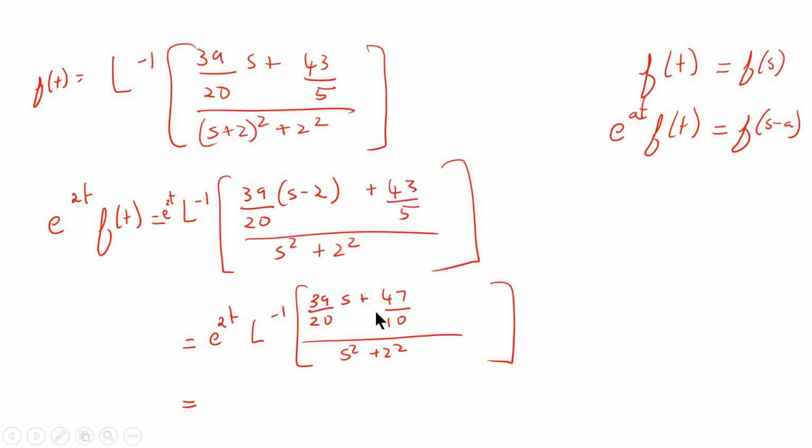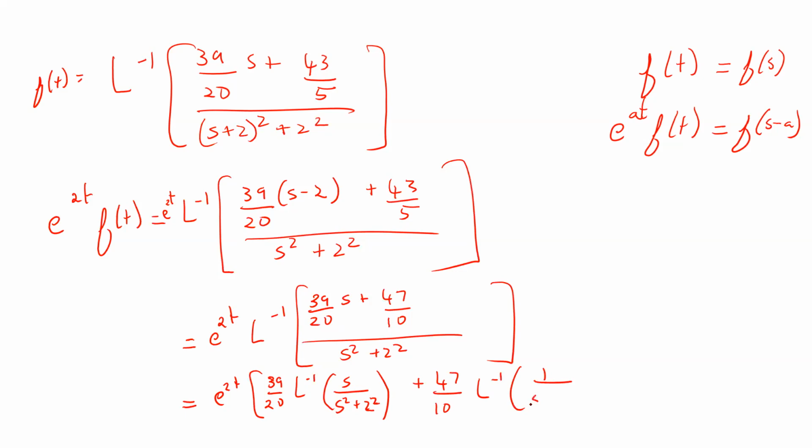So e power 2t times the Laplace inverse of, I will pull out 39 by 20, and I'll find the Laplace inverse of s by s square plus 2 square. And then I have 47 by 10, I'll pull it out and find the Laplace inverse of 1 by s square plus 2 square.